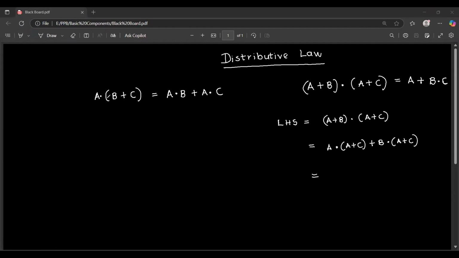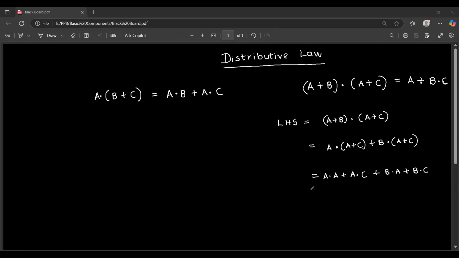When we had a dot (b plus c), we got a dot b plus a dot c. Similarly, here we have a dot (a plus c), so the output will be a dot a plus a dot c, and then plus b dot a plus b dot c.